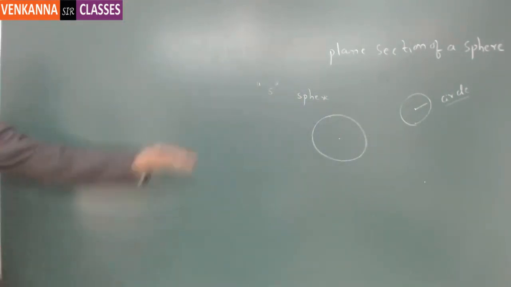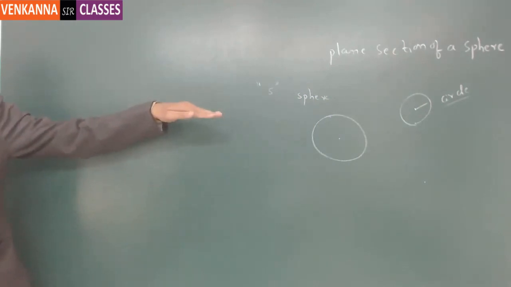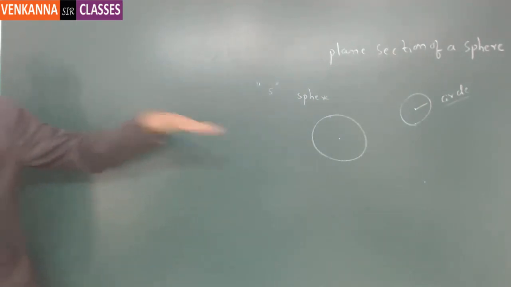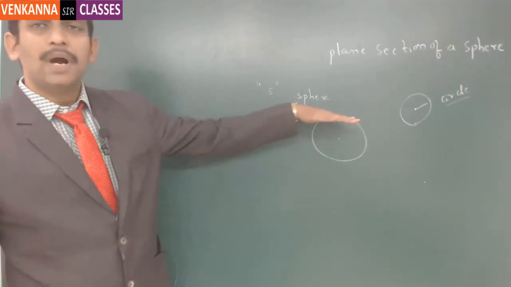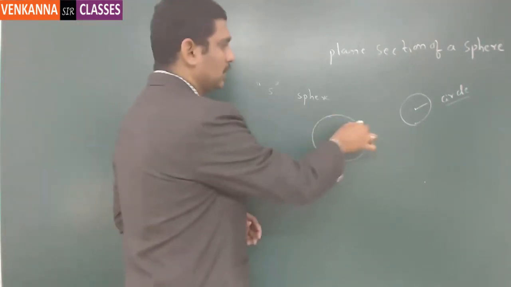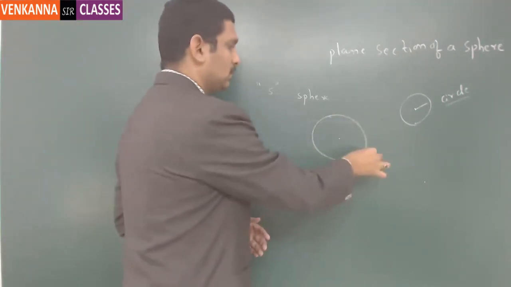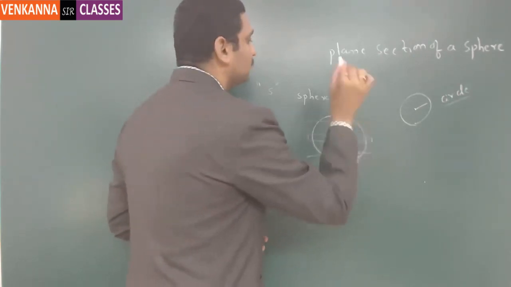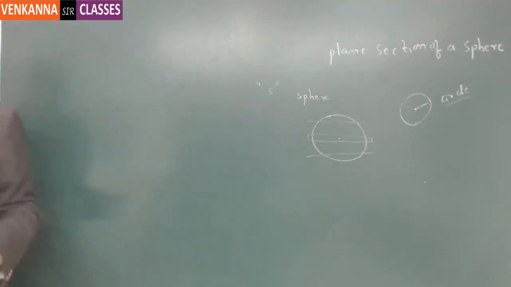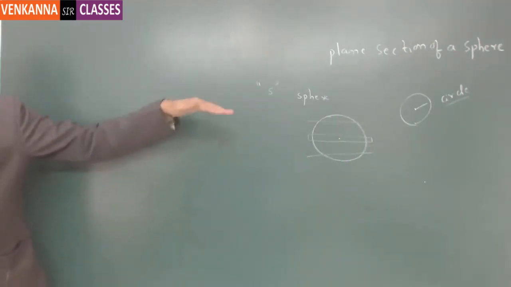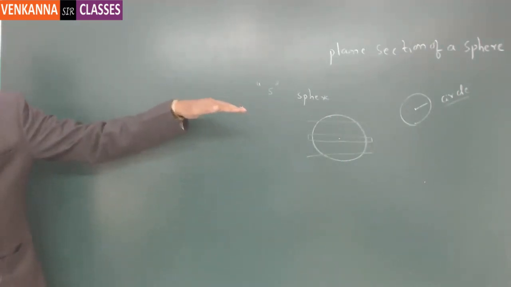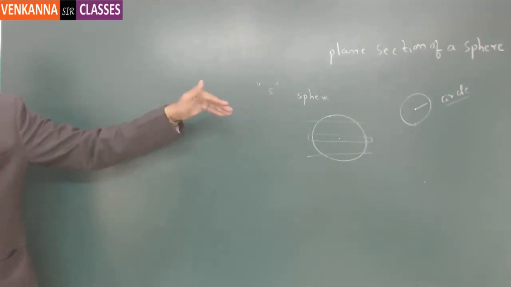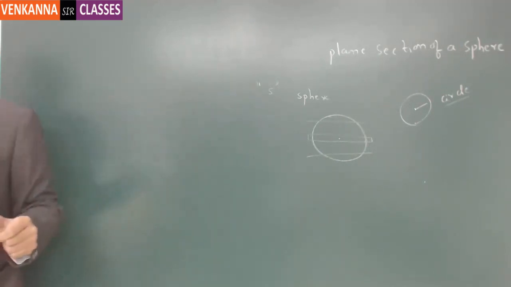then the plane you are considering may cut at any part of the sphere, on the top, bottom, or in the middle. So whatever the portion it cuts, obviously you will get a circle.